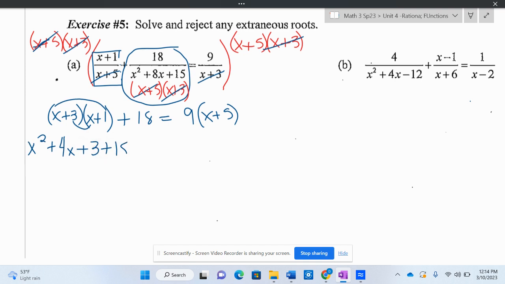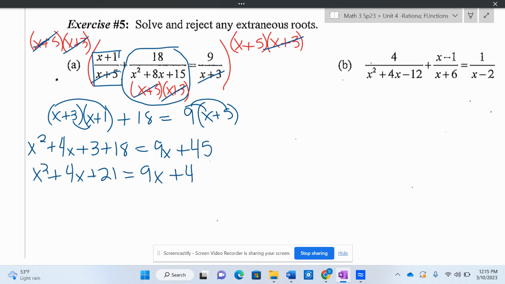Plus 18, don't forget about your plus 18 over there, equals, and we're going to distribute, 9x plus 45. Combine like terms. 3 and 18 is what? So x squared plus 4x plus 21 equals 9x plus 45.